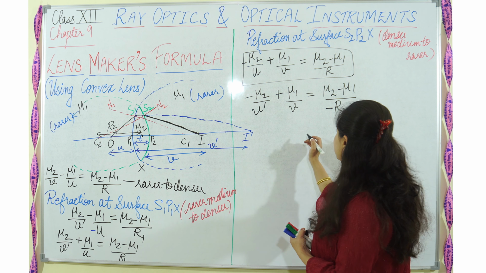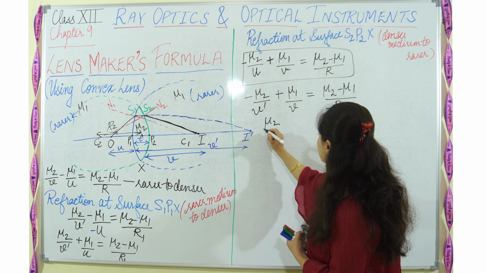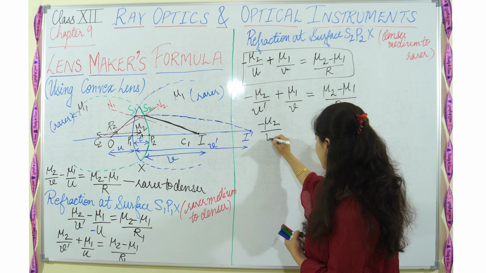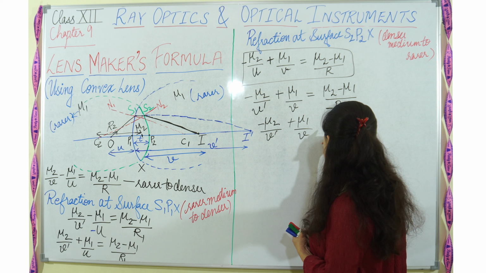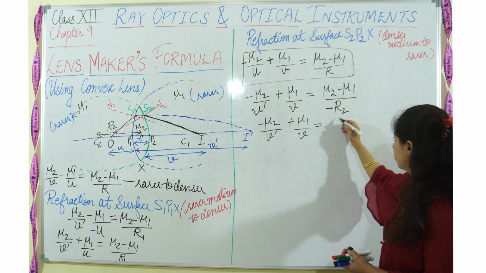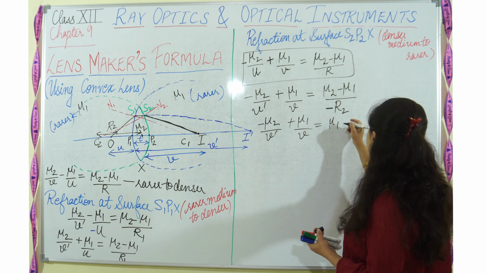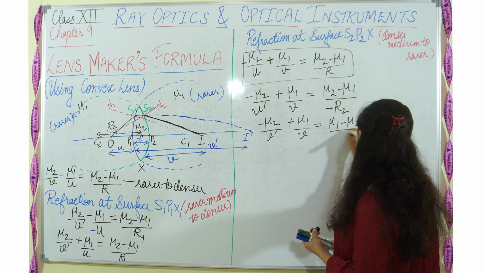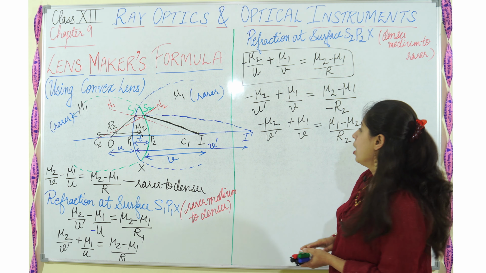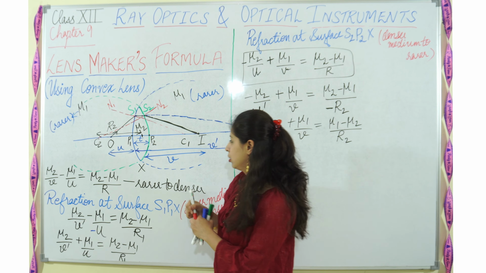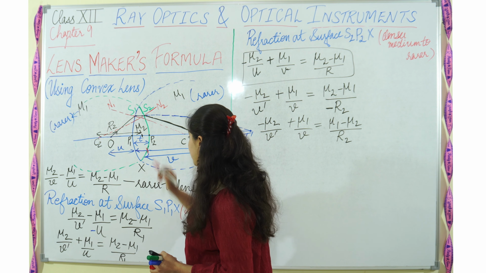After simplifying, I will be getting over here minus mu2 upon v dash plus mu1 upon v is equal to mu1 minus mu2 upon r2. So this is my second equation. Actually this v dash has to be taken from this P2.